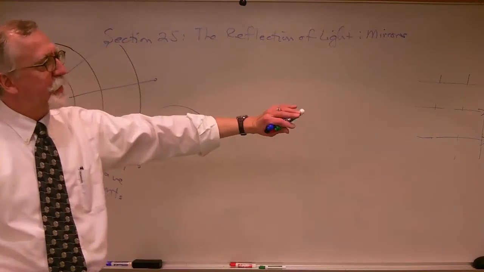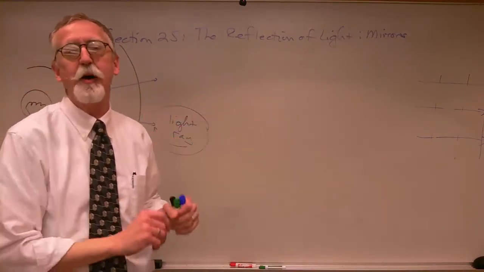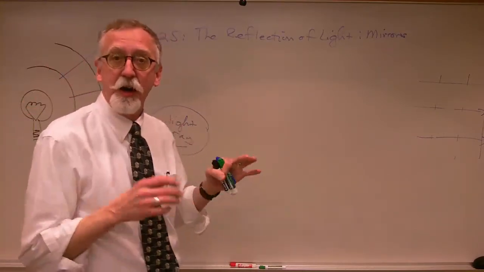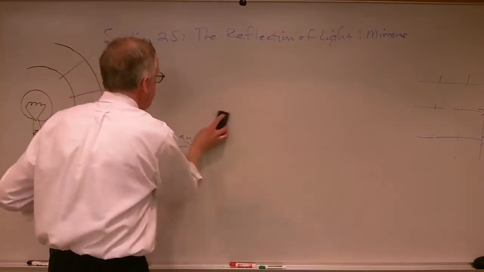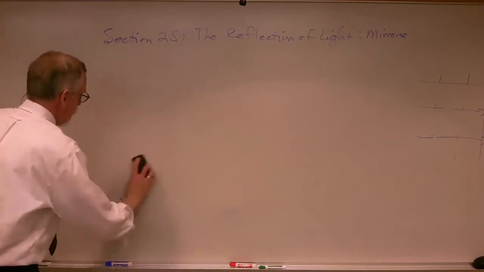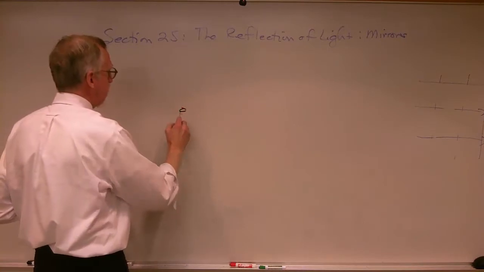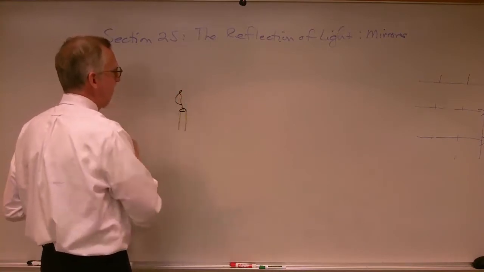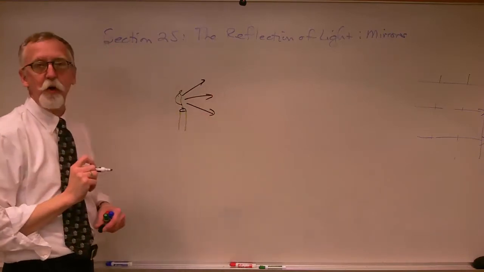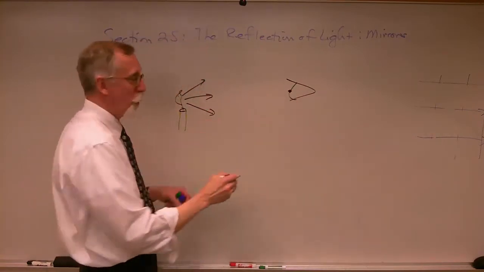Now, I want to ask, how do we see something? When we say that we see an object, what do we really mean? Now, I don't mean physiologically what's going on in our brains for the most part, but I want to emphasize an important point. Let's imagine there's some source. Okay, here's a candle flame or something, and our source is creating these rays coming from it, and our eye is over here, so that's your eye.